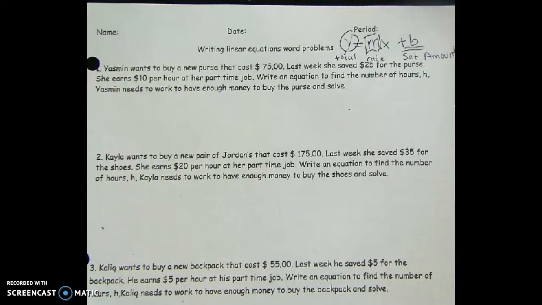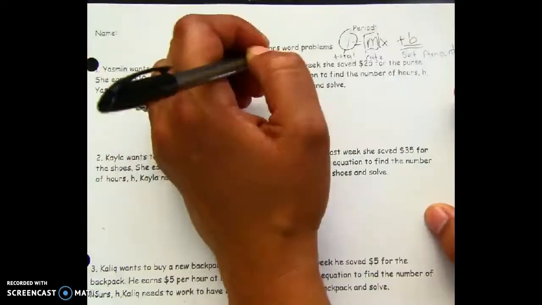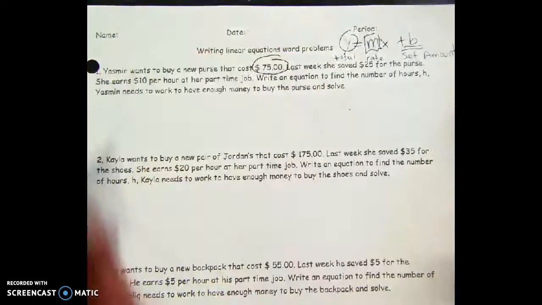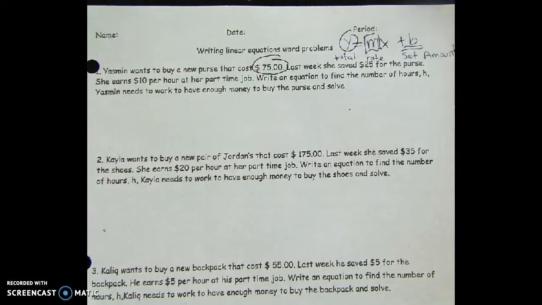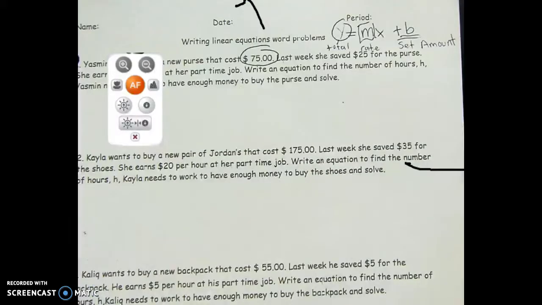So for number 1, I see that Yasmin's total cost of her purse is $75. So I'm going to circle that. So I have my total circled. The next thing I'm going to do is box my rate.